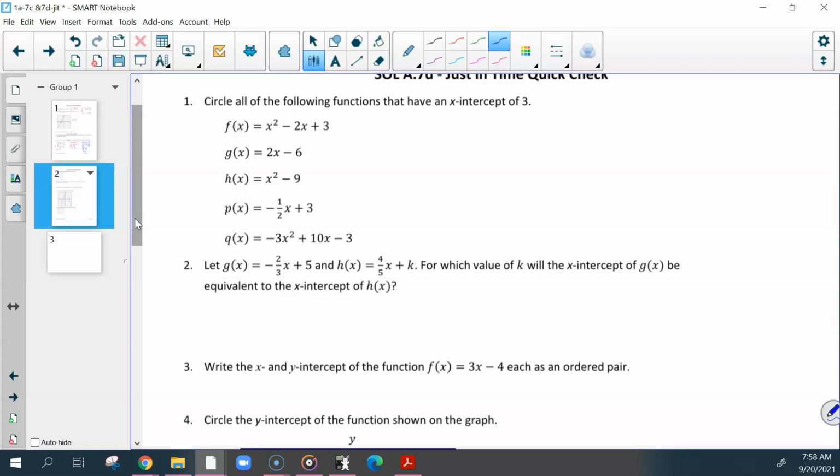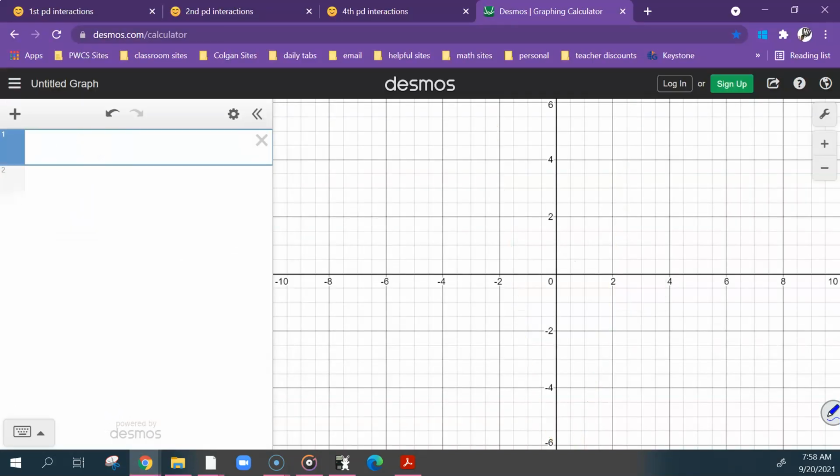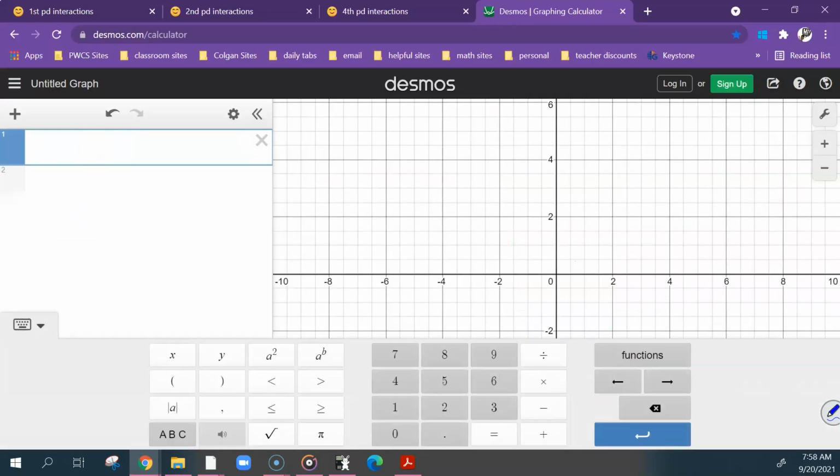Or you can do it one by one, either or. I'm going to put them all in at the same time.